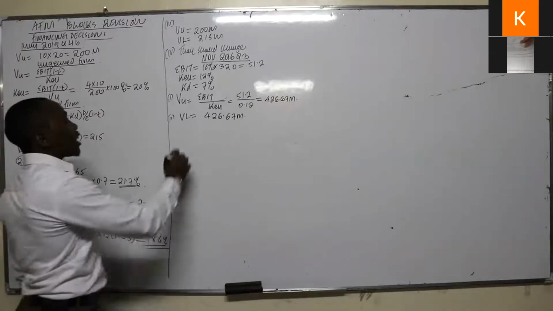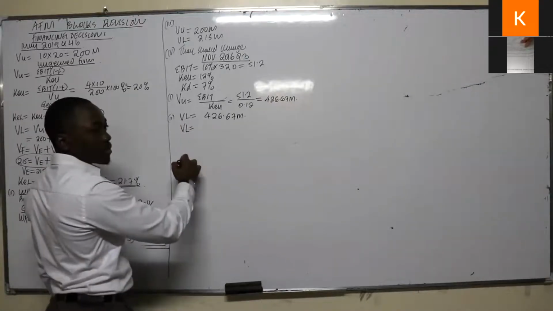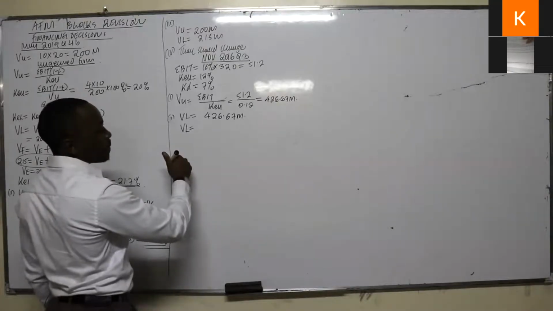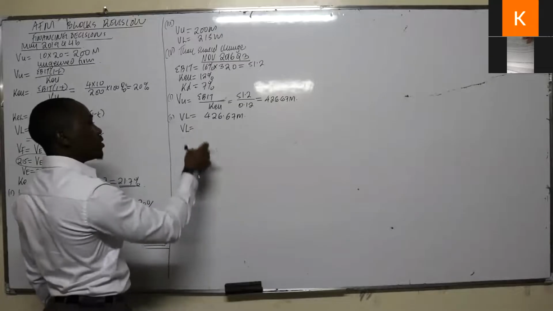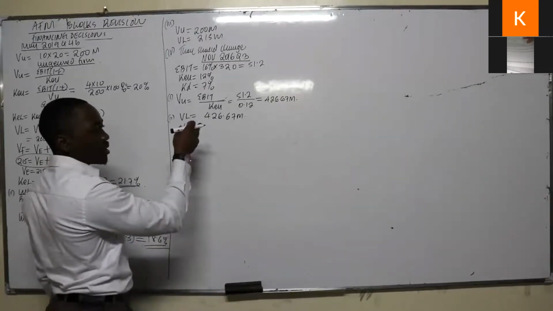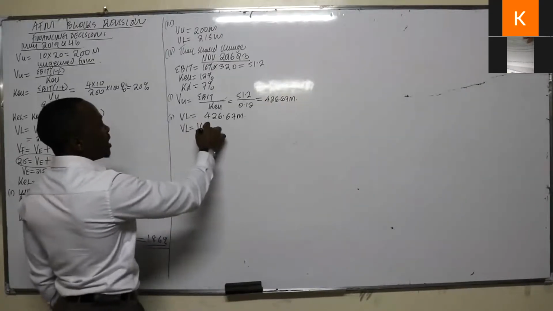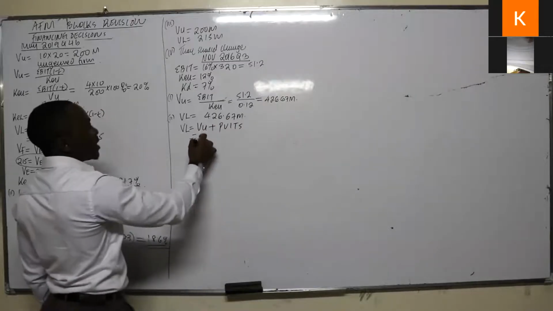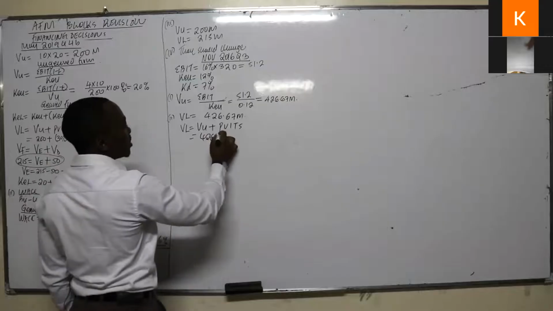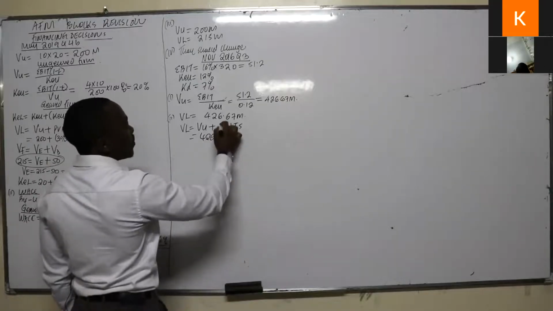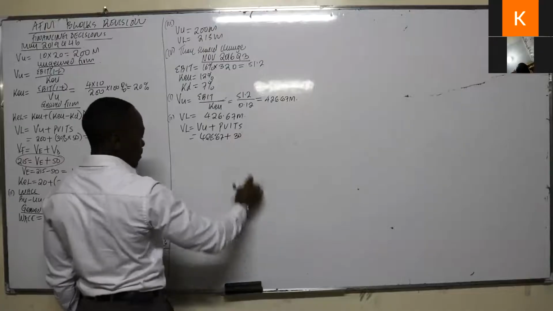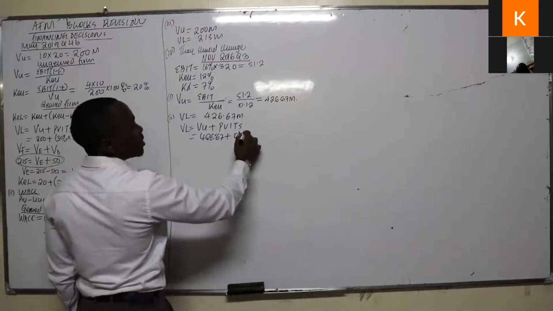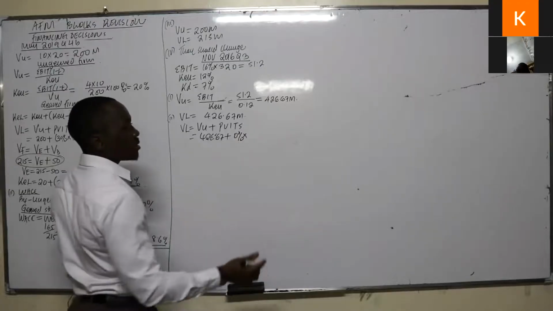The value of the geared firm is the value of the ungeared firm, 426.67, plus the present value of the tax shield. But in this case there is no tax, so the tax rate will be 0%.